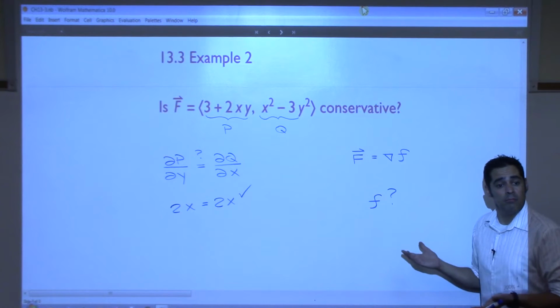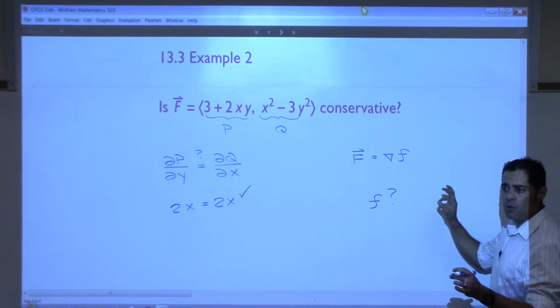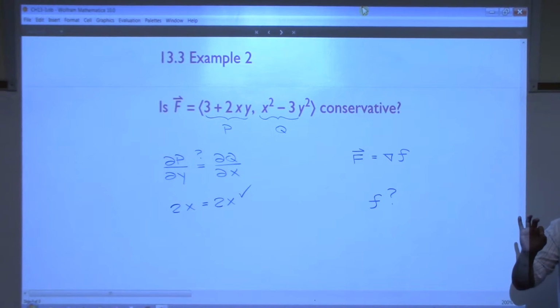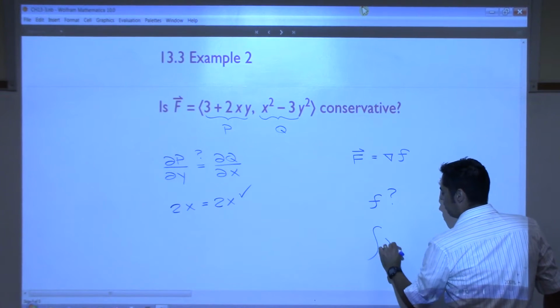Do we even need it? On a closed curve, you wouldn't. But on just a regular curve, if you wanted to do the line integral, you would need to know the value of little f at the two endpoints. So I actually need to know what little f is, don't I? In order for me to do this? Right? Integral.